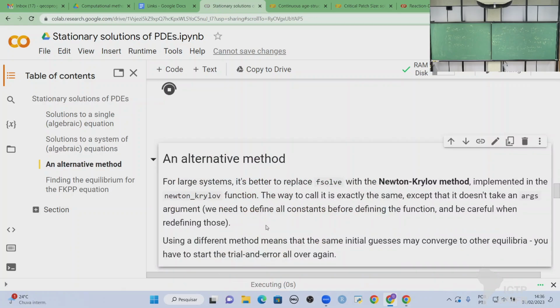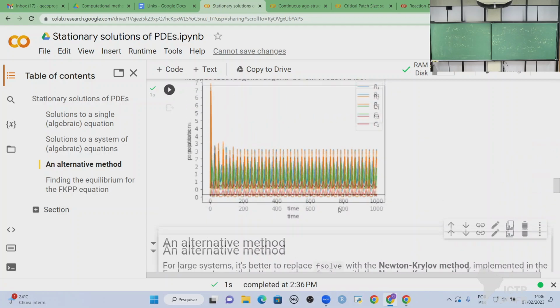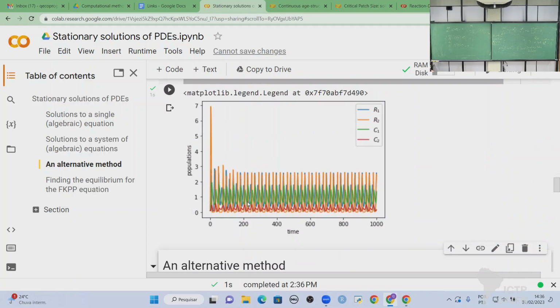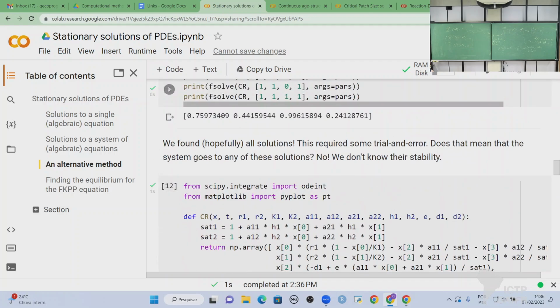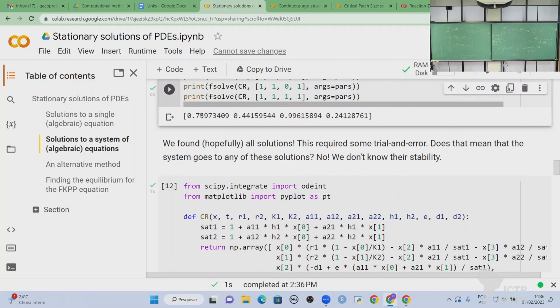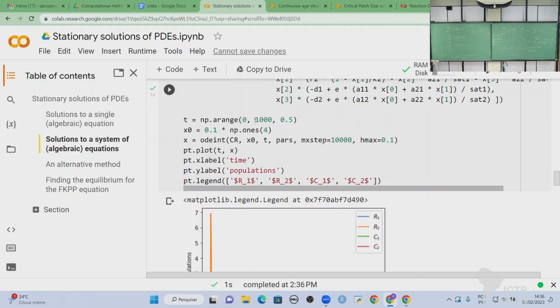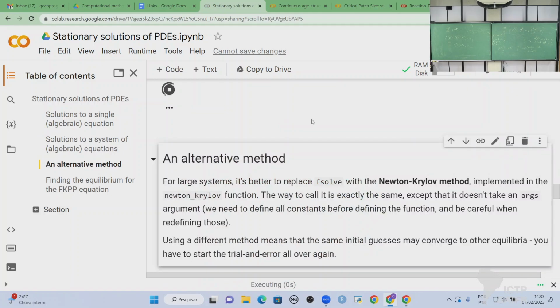But actually the solution is oscillatory. They are oscillating at levels around this last fixed point here. Let me read again so we can see more clearly the values here.